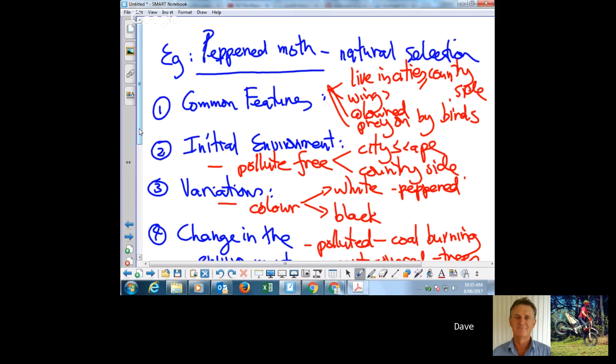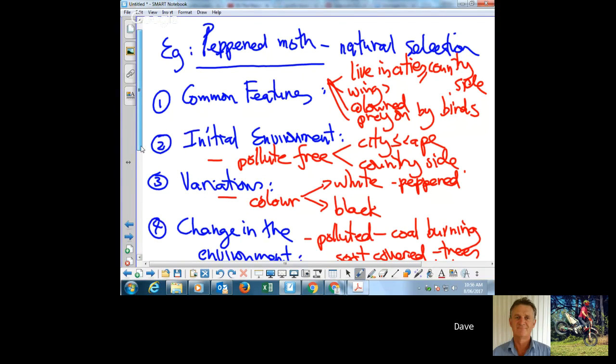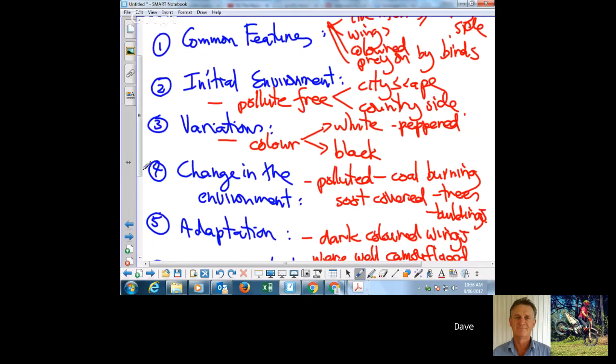You're going to list some common features, which might be main features about sharks. And we're going to talk about what sort of environment they live in, and what varieties they have. Are they all the same colour or is there a variety of colours? Is there some change in the environment that could have happened that would help them end up with the colour they have now? We've got to try and come up with a scenario for how they ended up with this adaptation.